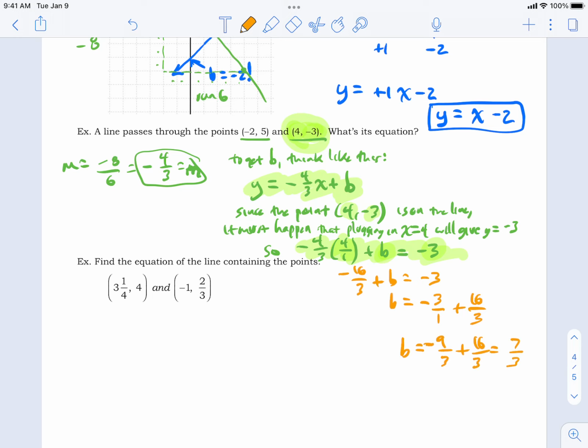That's my b. That goes here. And so my final answer will be y equals -4/3 x plus 7/3. That is my final answer.